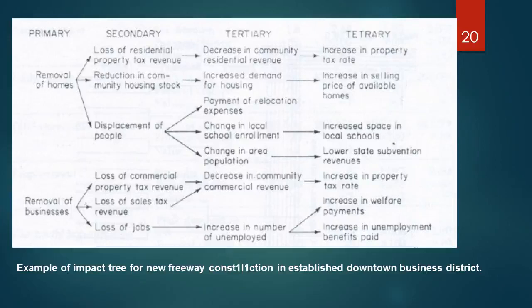And due to the loss of jobs, that resulted in the increase in the number of unemployed, that resulted in increase in welfare payments and increase in unemployment benefits paid.